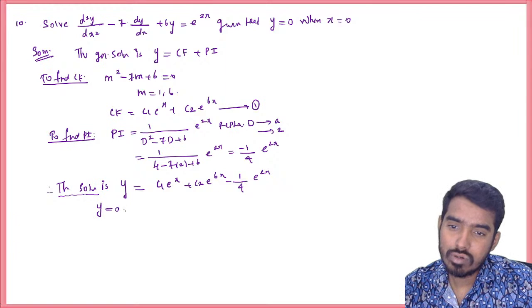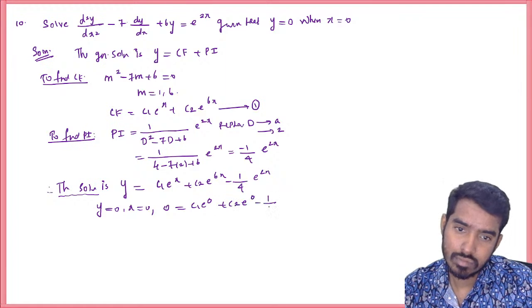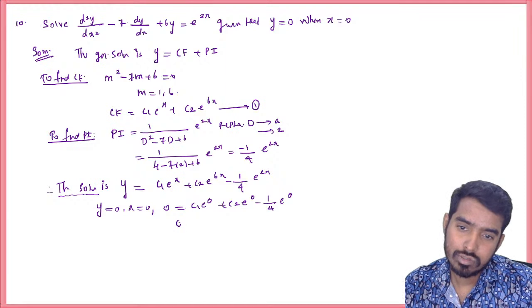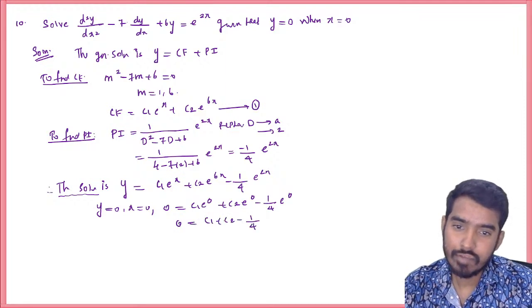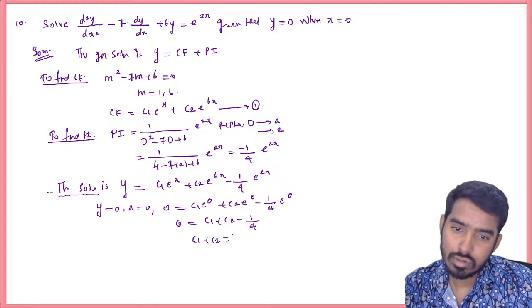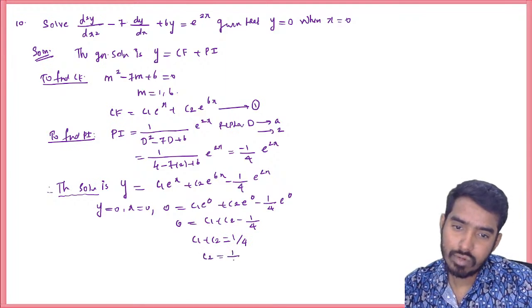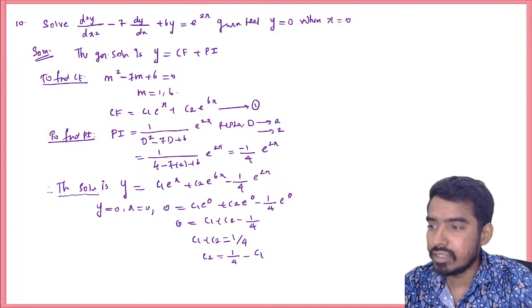So y is 0 when x is 0. I'm just putting x equal to 0 and y equal to 0. So we have C1 plus C2 minus 1 by 4 equals 0. So C1 plus C2 is 1 by 4, or I can write C2 equal to 1 by 4 minus C1.